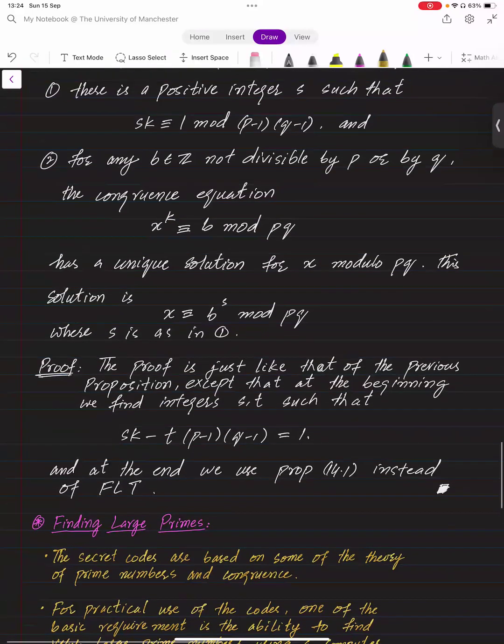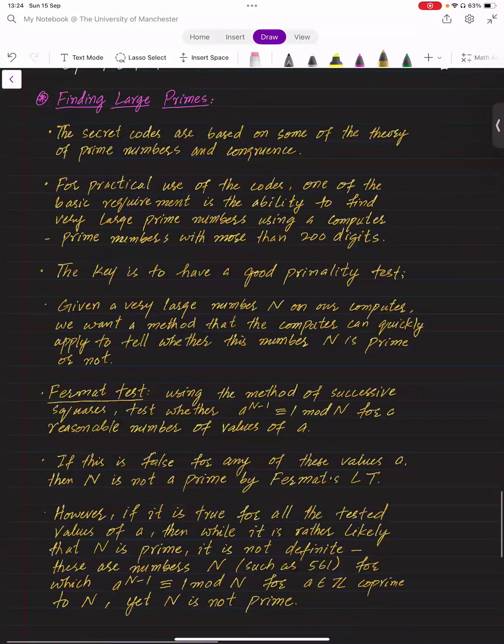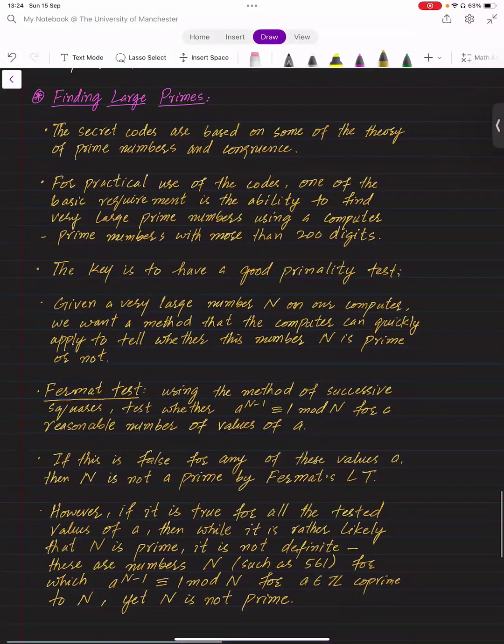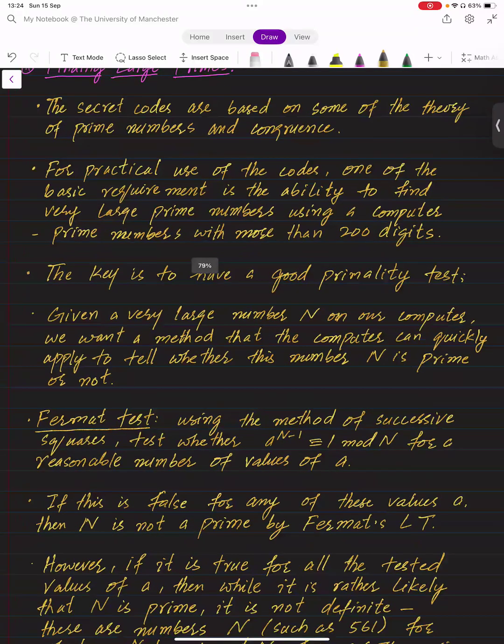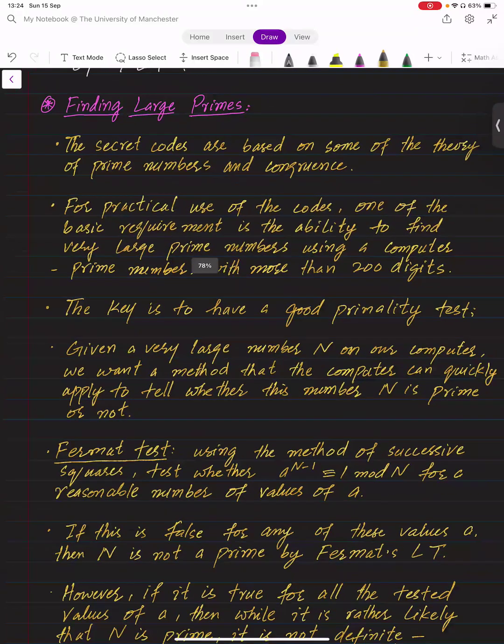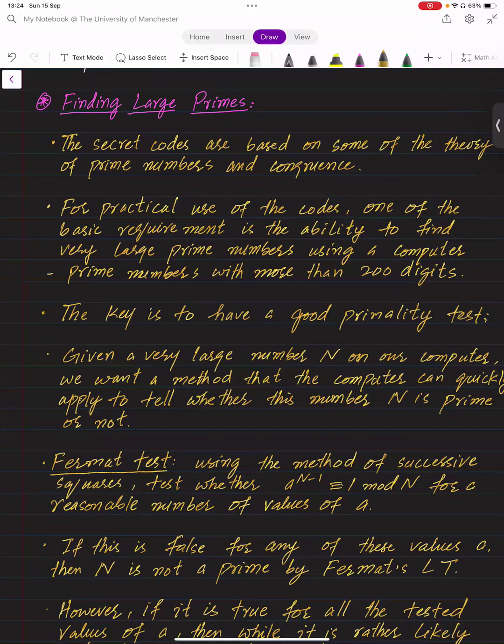Now we are going to talk about something which is very useful and important for the next chapter on secret codes.